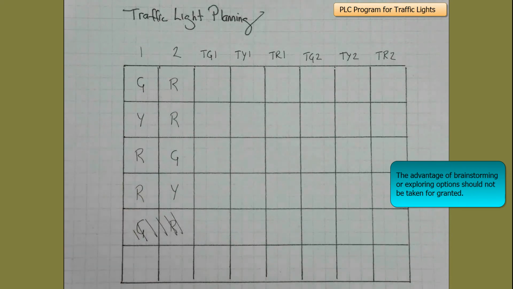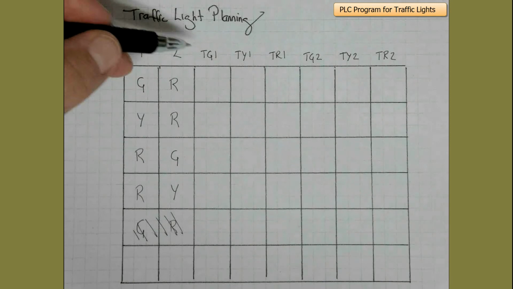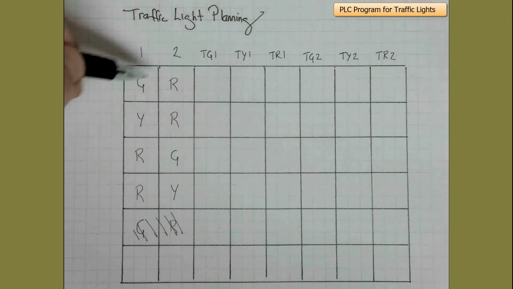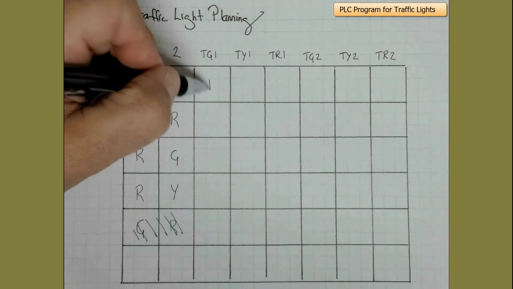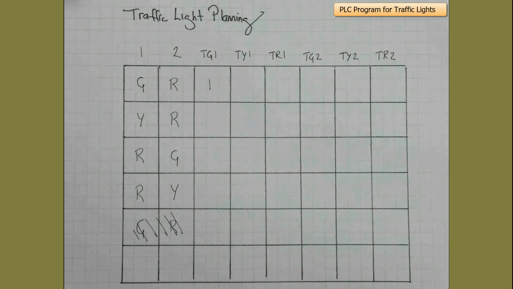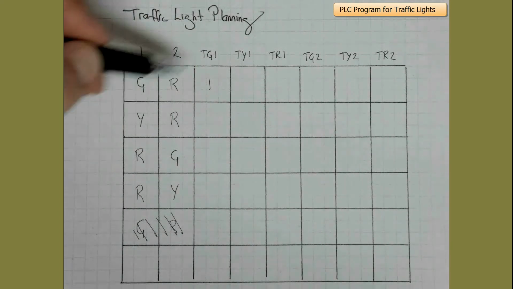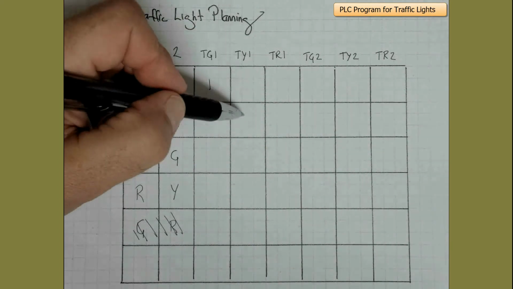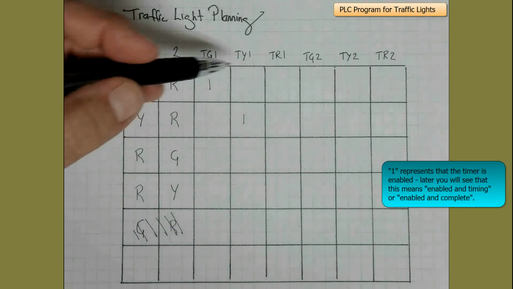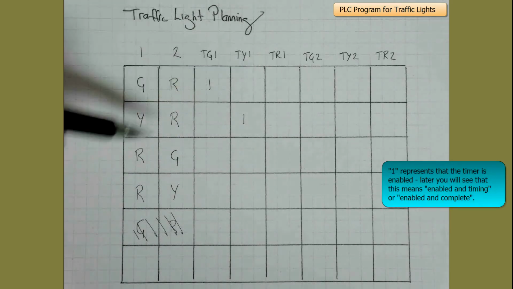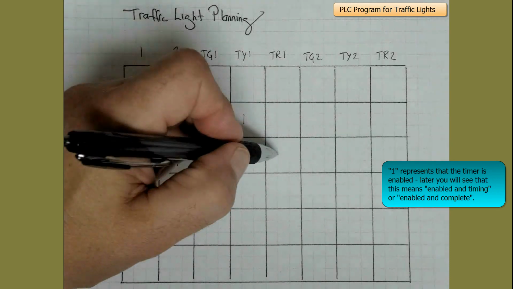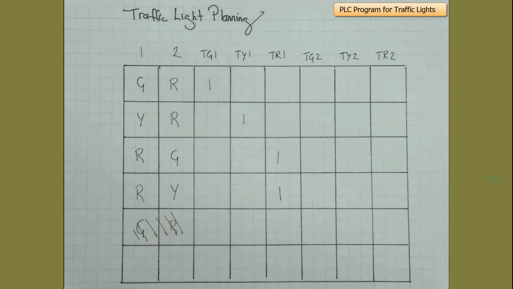So let's take a look at what timers we would use. For traffic light 1, green 1, this timer would be timing. For traffic light 1, yellow 1, this timer would be timing. For traffic light 1, red 1, this timer would be timing here and here in this version.